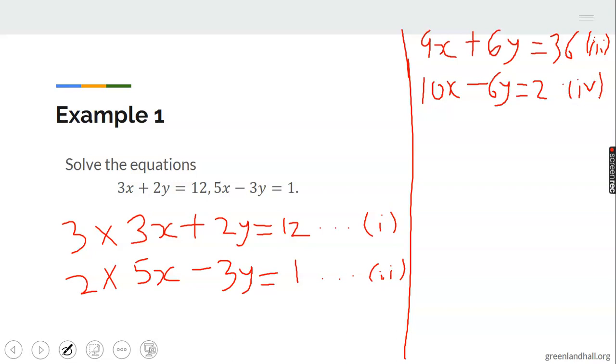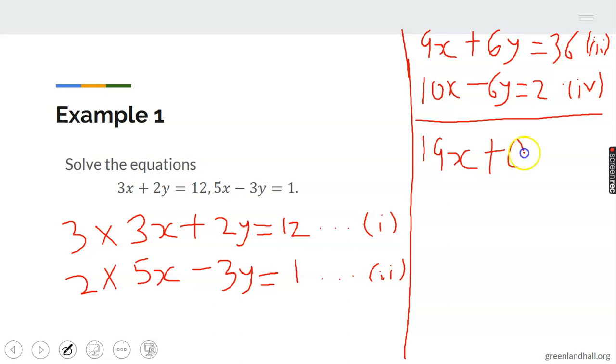So interesting. Okay. Now, this is plus 6y, then minus 6y, so you can add. Once you do that, 9x plus 10x will give us what? 19x. Then plus 6y minus 6y will be what?